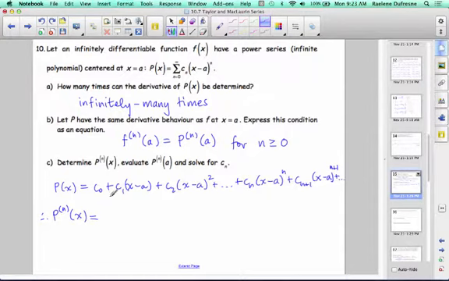is going to have all of these terms going to 0, and then the first term that will survive is the nth term, which we saw its derivative is n factorial times cn times x minus a to the 0. And then we're going to get plus other terms here.